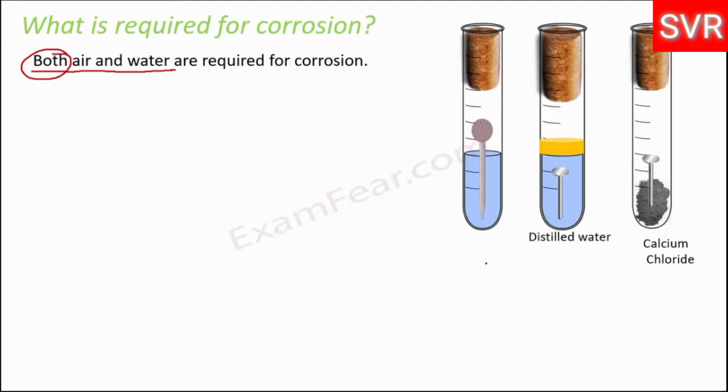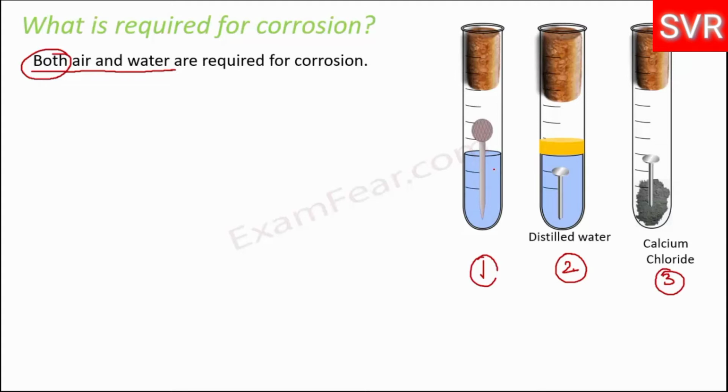Let us suppose you have three test tubes, test tube 1, 2 and 3. In all these test tubes you have put an iron nail, where rusting can take place, right? In the first test tube, it is exposed to both air and water.